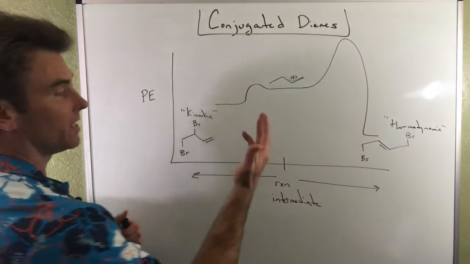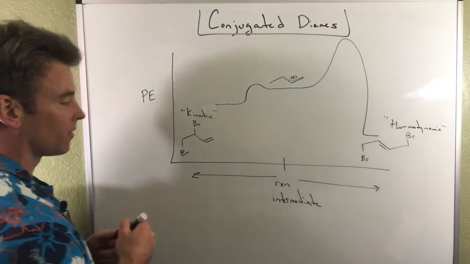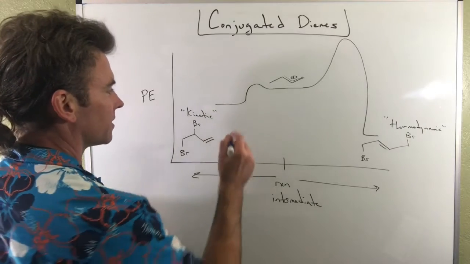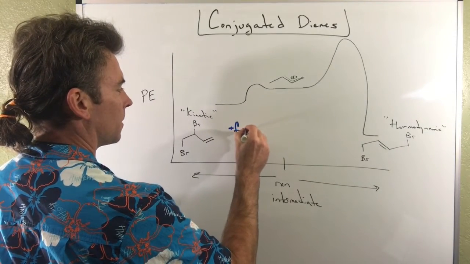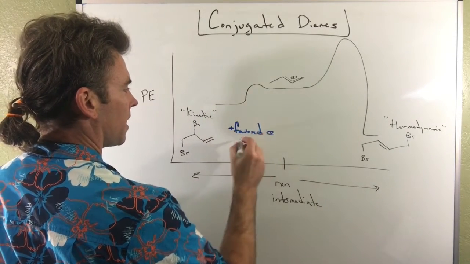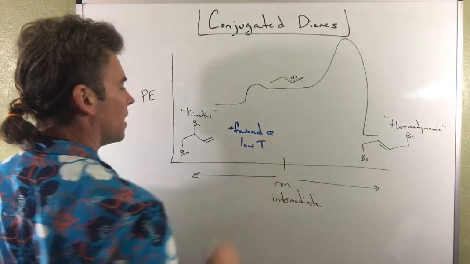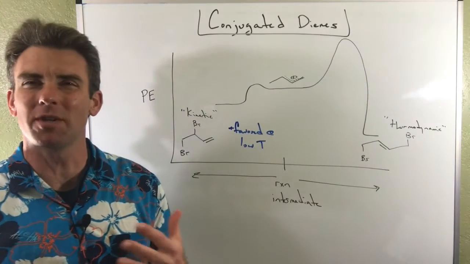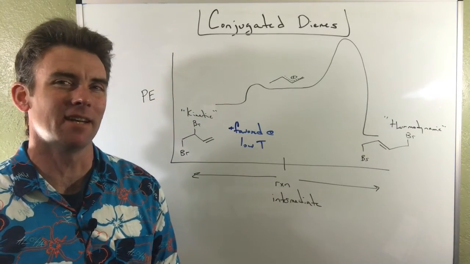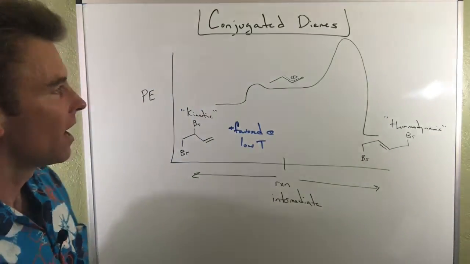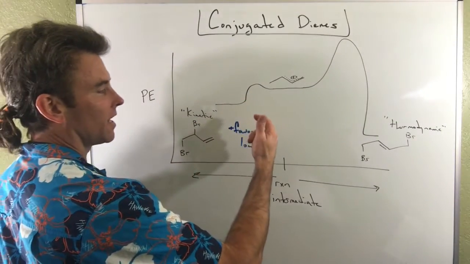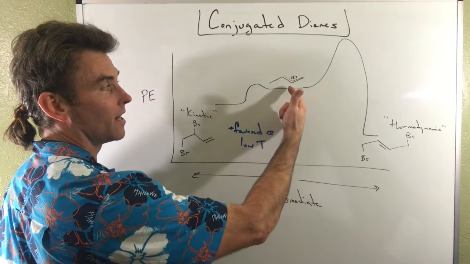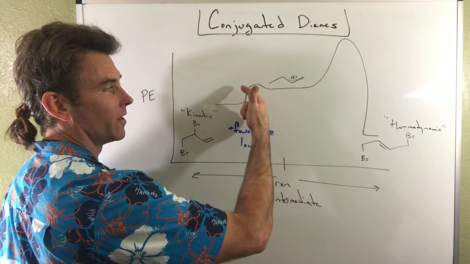So it is typically said that kinetic products are favored, let's write this in blue, at low temperatures. And it really is all relative, but usually for low temperatures we're talking like minus 78 degrees Celsius and stuff like that. But what you're doing with a kinetic product is forming the one that is formed most quickly, right? But you'll notice that it's formed quickly because it's got this little hill to climb.